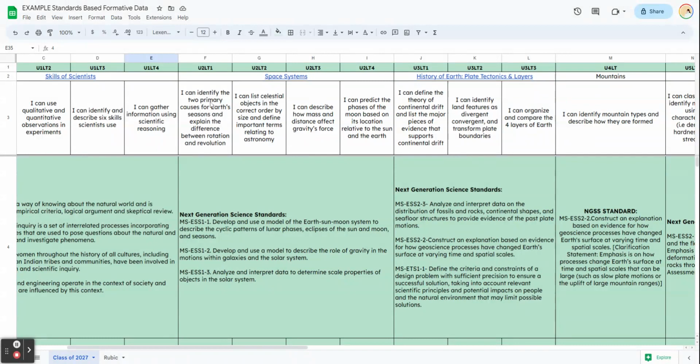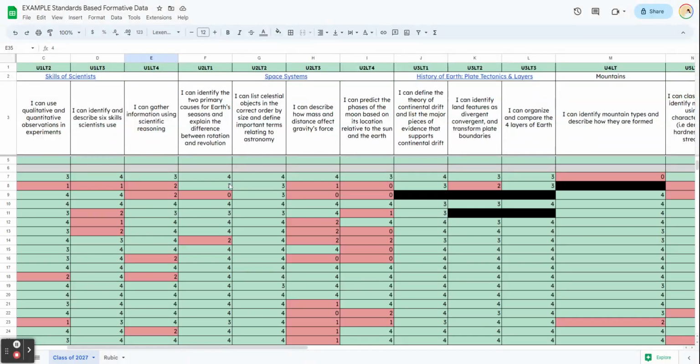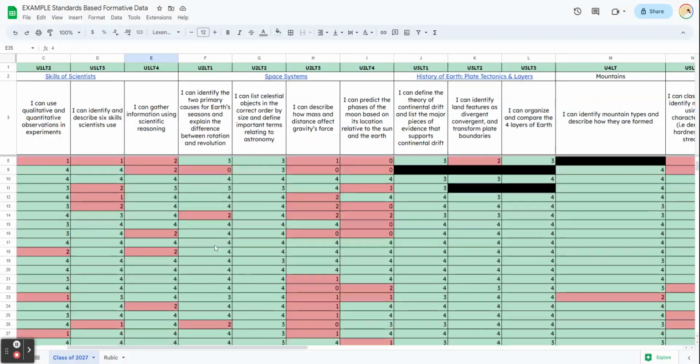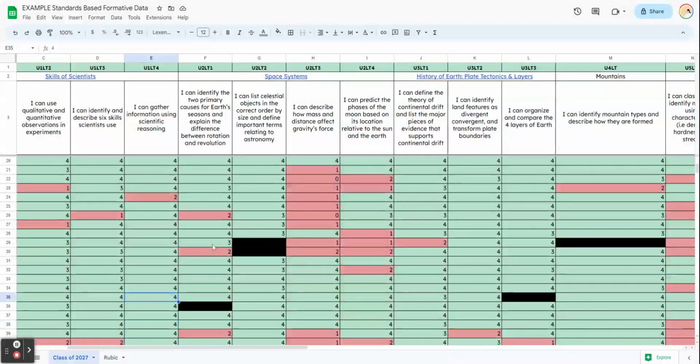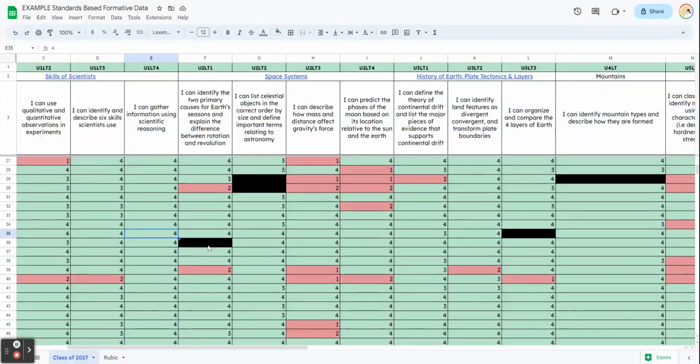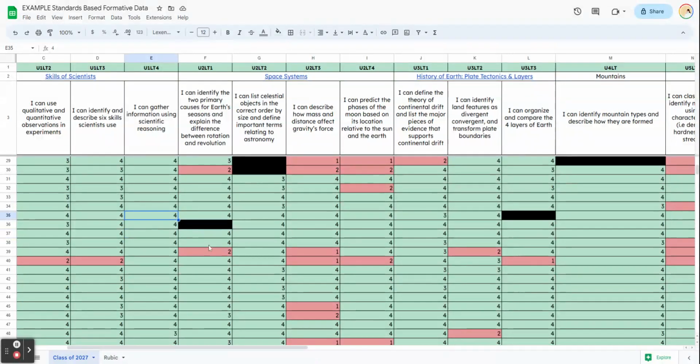For this learning target, when I tested my students, they received between a 0 and a 4 if they completed the test. As you can tell, my students did pretty well. If it's blacked out, that just means that my student either didn't take the test or had an exemption on it.